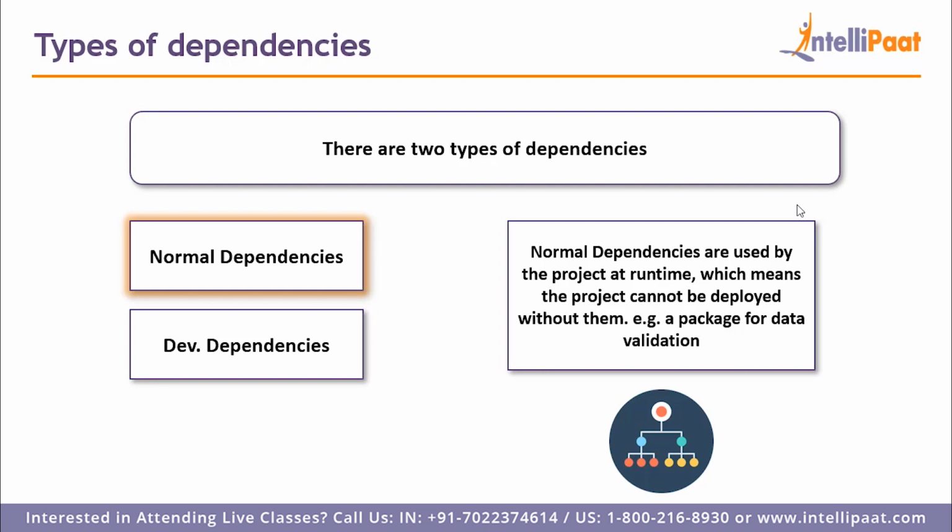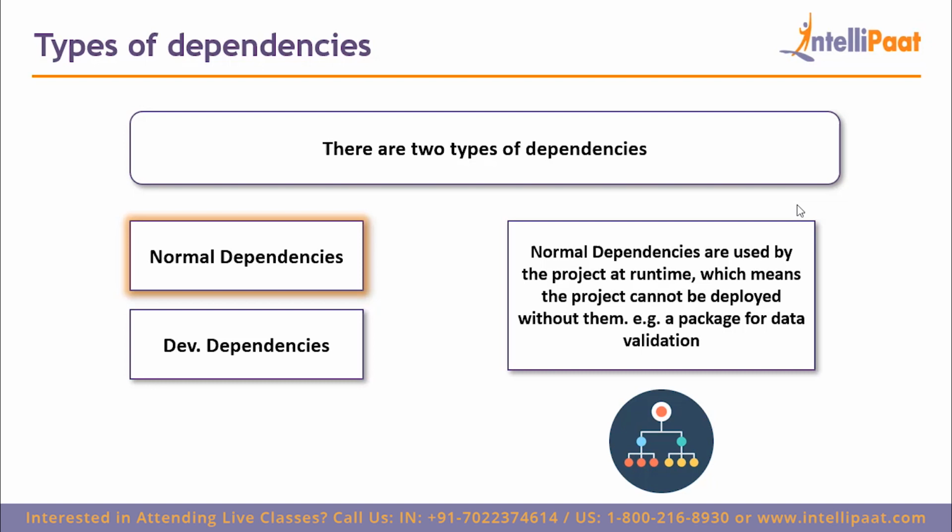A normal dependency basically means that it is a dependency that your project needs at runtime. Without this package, your project cannot be deployed, it can't work, it needs to be installed on any system that is going to be hosting this application, any server that's hosting this application. So these packages need to be installed on the system that your project is running on.